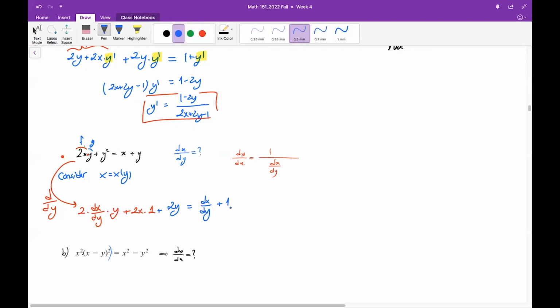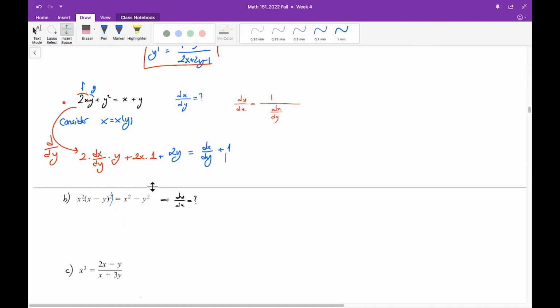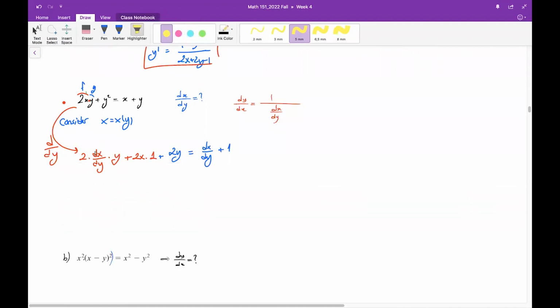And our aim is to solve this equation with respect to this derivative, which can be handled easily. Take everything depending on dx over dy to the left. Let me write it quickly.